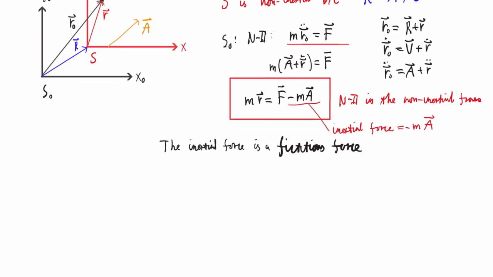So just to illustrate the difference between a fictitious force and a real force. First of all, the fictitious force is like a real force in the sense that an observer that's in the non-inertial frame will experience this force as a real force.